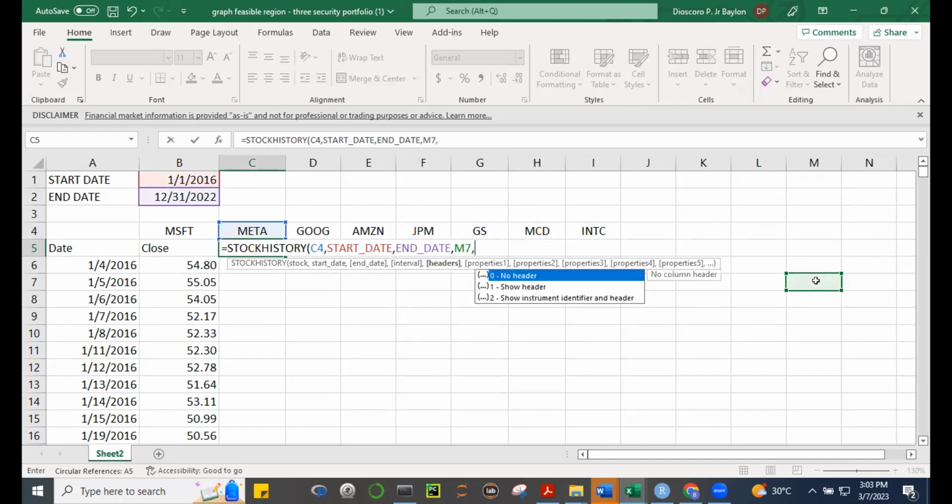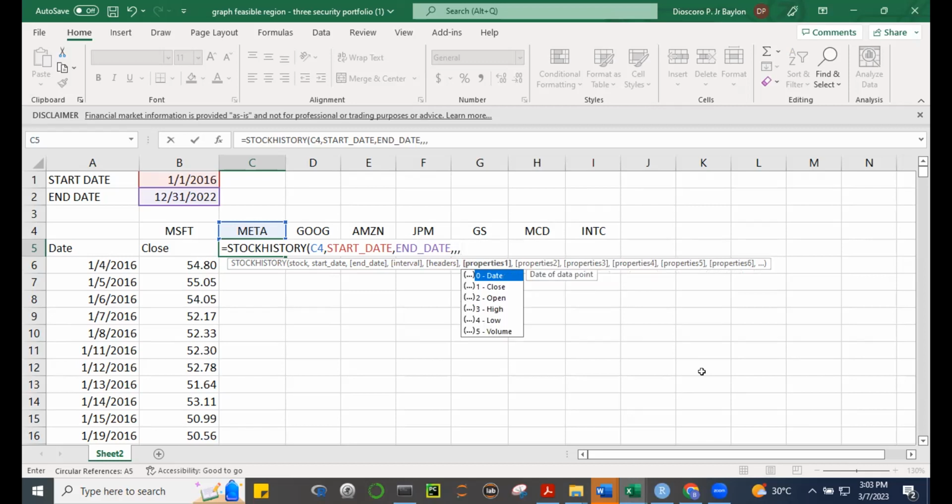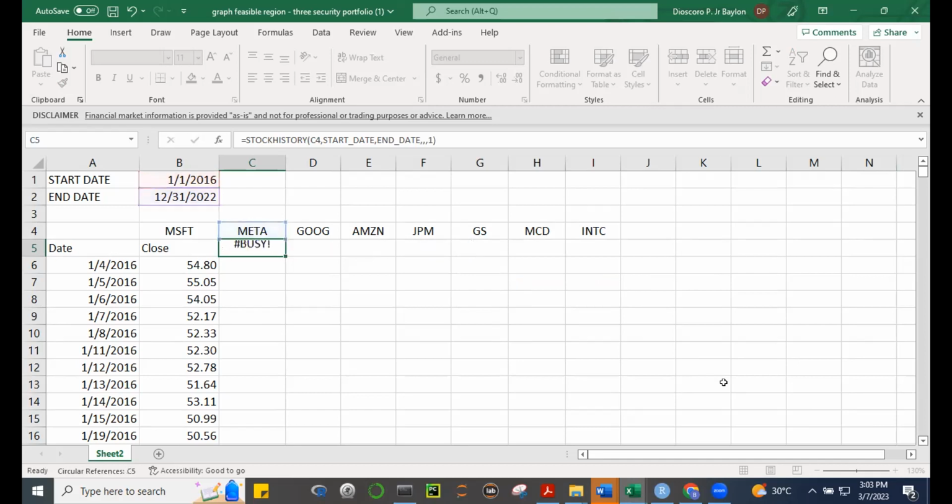Another comma. Oops, what happened? Why the M7? Comma, then no header, okay? We don't want any header. Comma, and then here, date and close. What we want is the close. So I have here three commas and then 1, right? Close this, and then Control Enter.